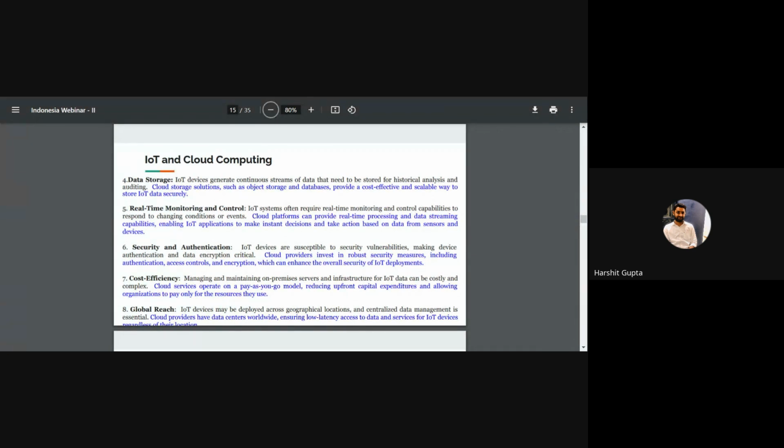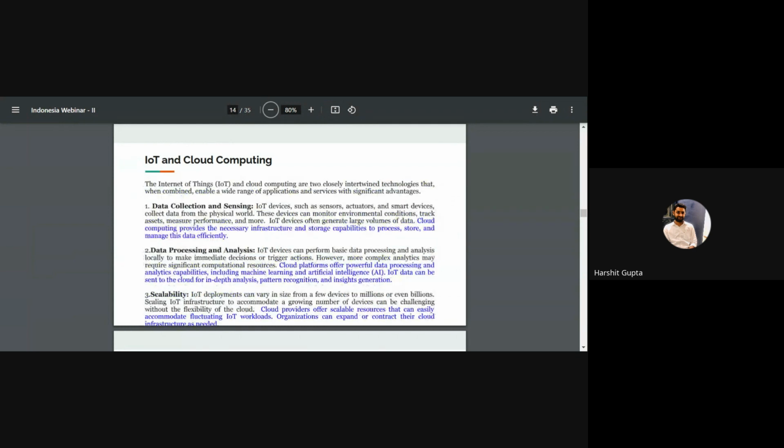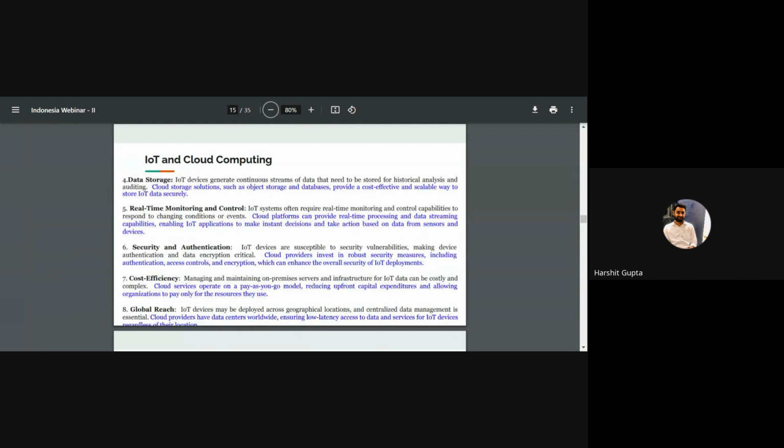The cloud service provider invests in robust security measures, which include authentication, access control, and encryption, which can enhance the overall security of the IoT deployment. So these are the benefits and characteristics of having IoT with cloud computing, and why it is necessary to integrate cloud computing with IoT.